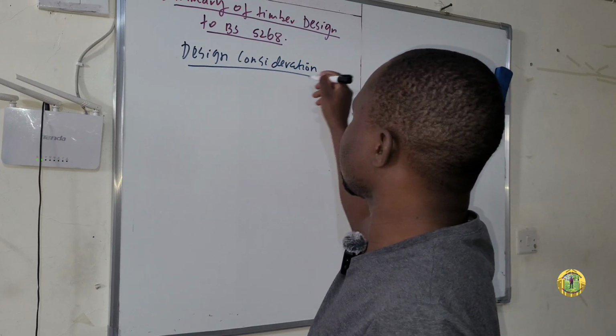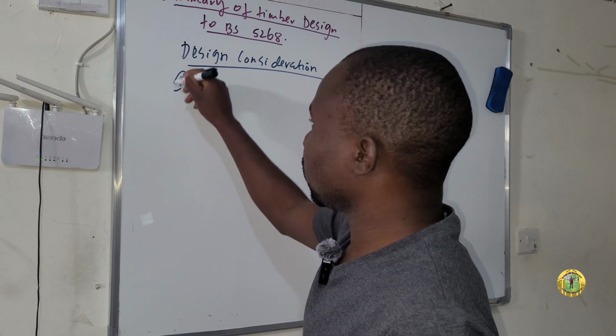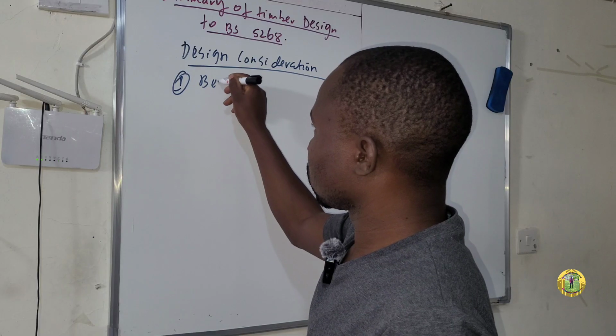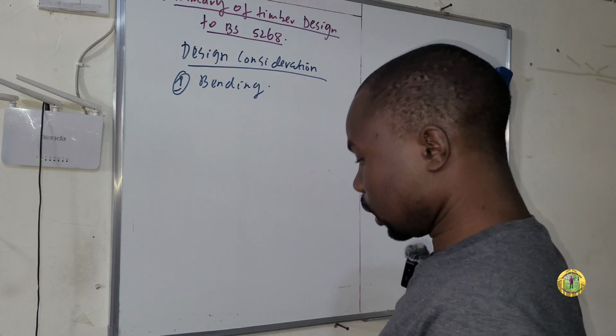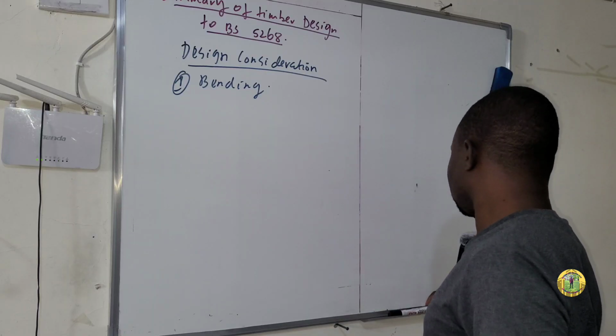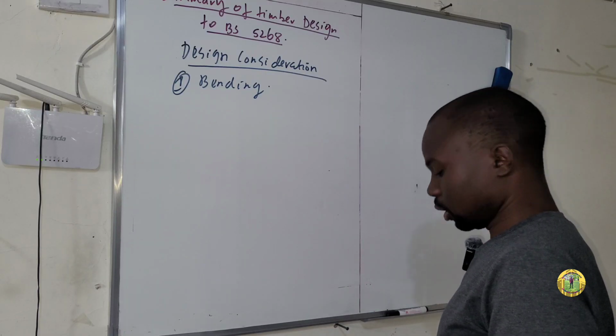So number one, I will start with bending. Bending is given by this formula. So this is the design formula.